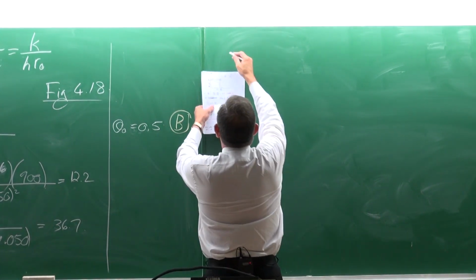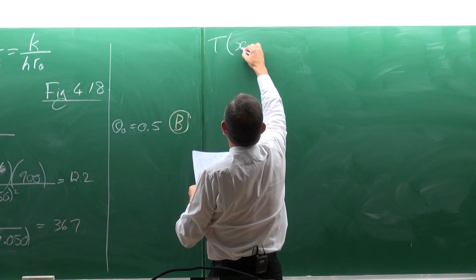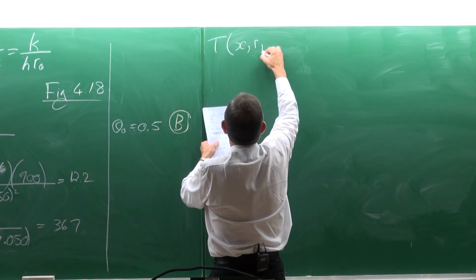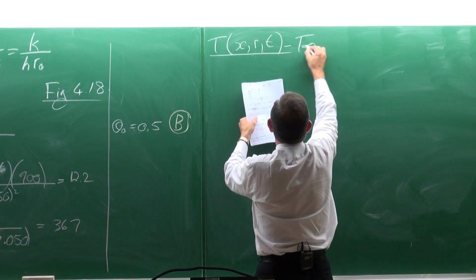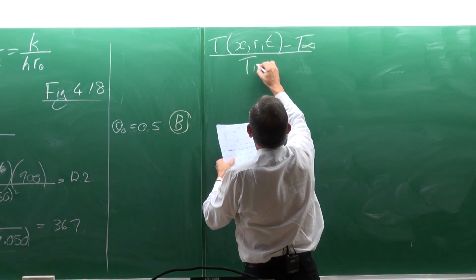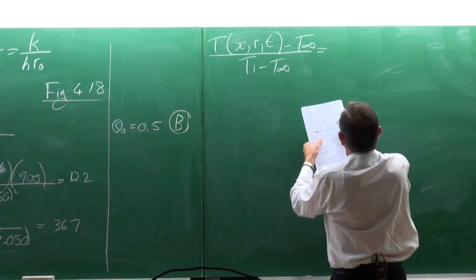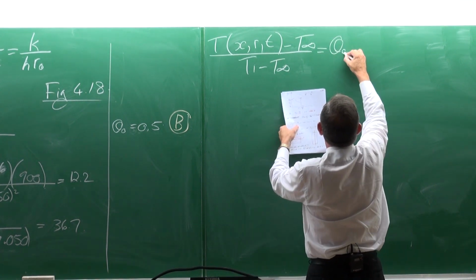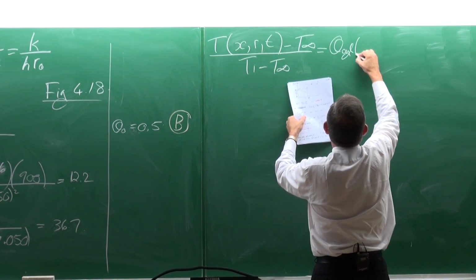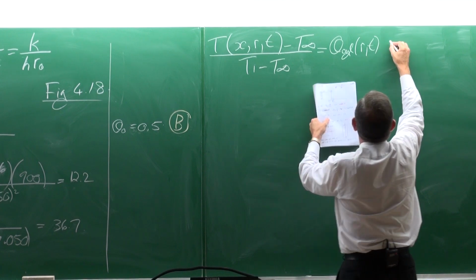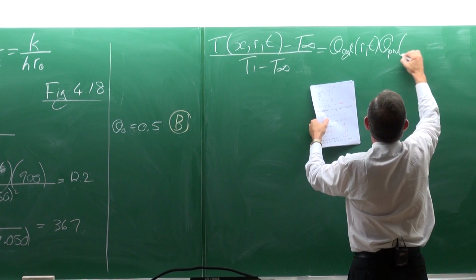So, the temperature, if you look at the solution, it would be T(x, r, t) minus T infinite divided by Ti minus T infinite is equal to the non-dimensionalized temperature for the cylinder, r t, multiplied by the plane wall, x t.